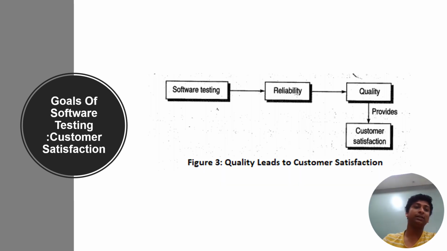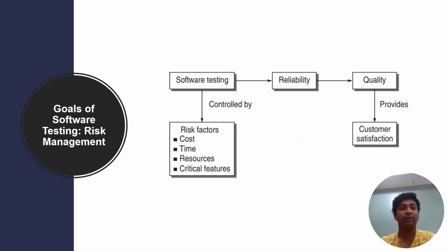Goals of software testing, customer satisfaction. So I've said you, right? Software testing goes to the reliability. If your system is reliable and has good quality, your customer satisfaction will be high. That's what we have discussed earlier as well. Let's lower risk management.